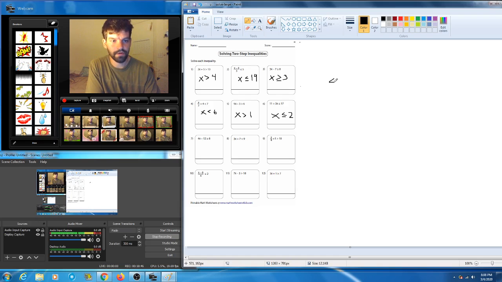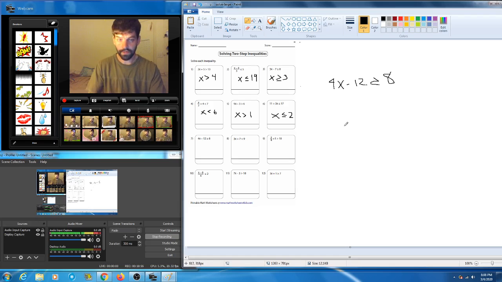Okay, let's go ahead to this next one. So we have 4x minus 12 is greater than or equal to 8. Now again, no fractions, just the same normal 2 steps. So your inverse of order of operations will tell you to do addition and subtraction first. Since 12 is being subtracted from 4x, we're going to add 12 to both sides.